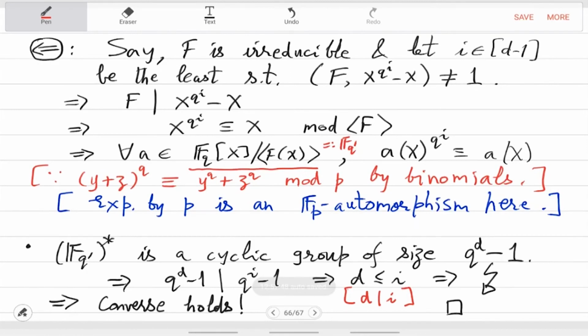As a sanity check, you can look at i equal to 1. So x to the q minus x contains actually all the irreducible polynomials of degree 1, which is just roots. And when you go to x to the q square minus x, you will get all the roots and all the quadratic irreducibles, and so on. Cubic won't get quadratic. Exactly.